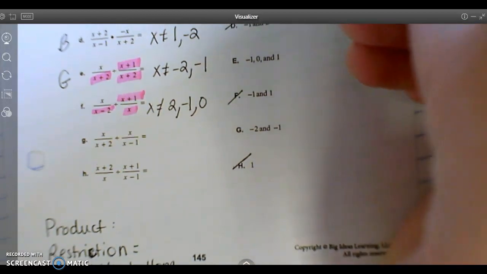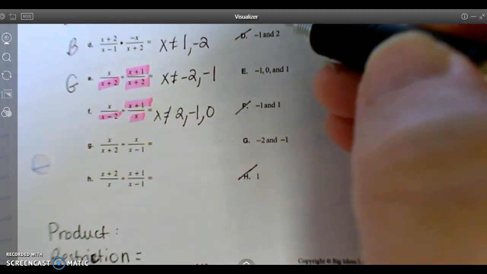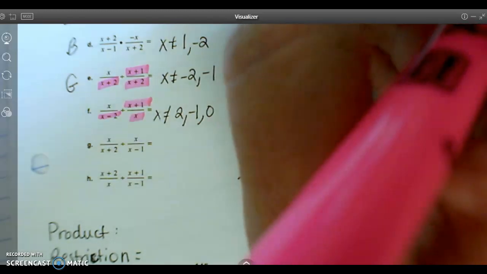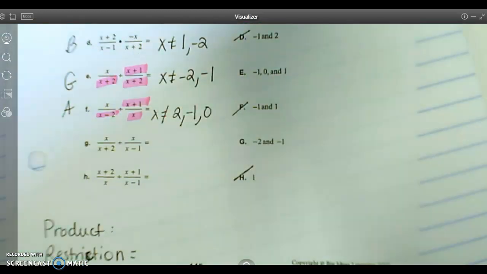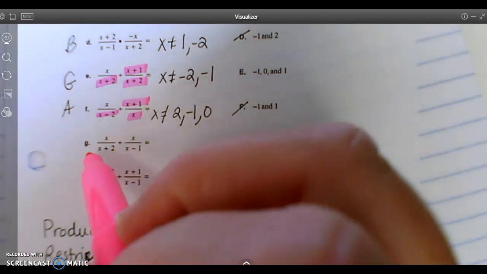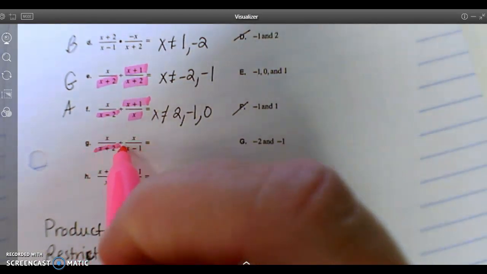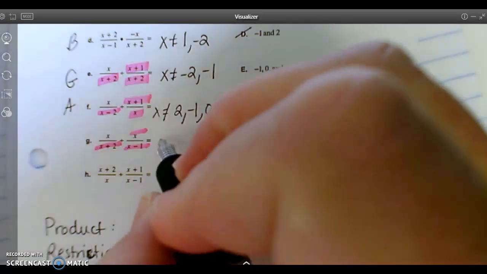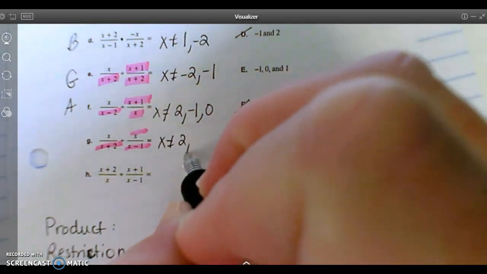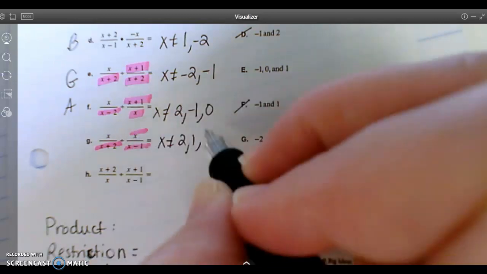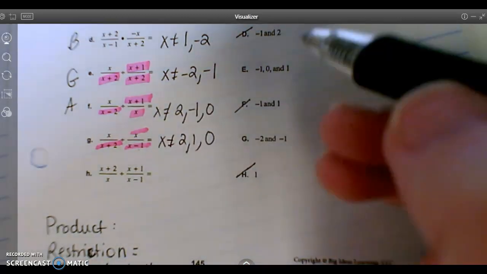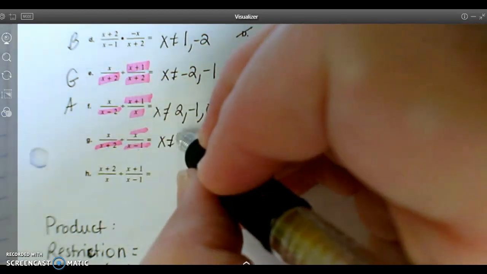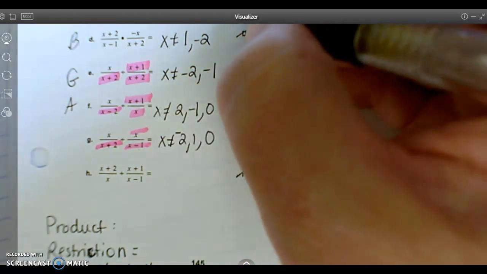That would be A. Alright, and then next one, looking at all 3 of those parts. So 2, 1, and 0. Yeah, that's supposed to be a -2. Thank you. And so that'll be C.